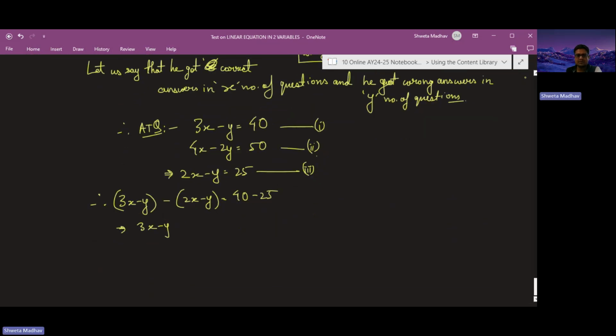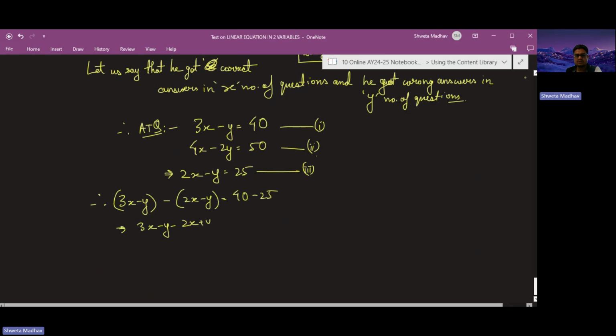So this will be 3x minus y minus 2x plus y equals 15. Then y and y cancel out. Then 3x minus 2x, that is x, will be equal to 15. So he got correct answers in 15 questions.